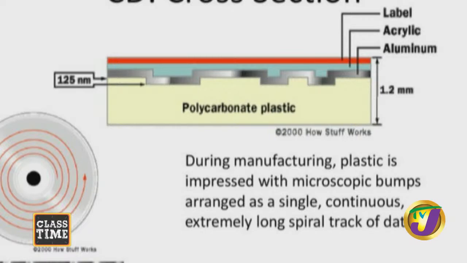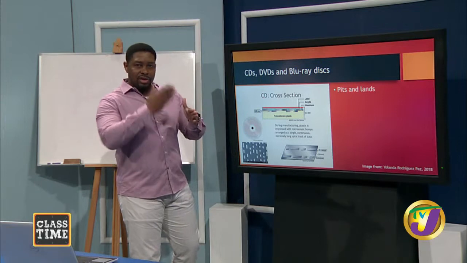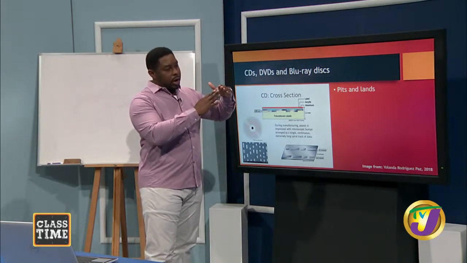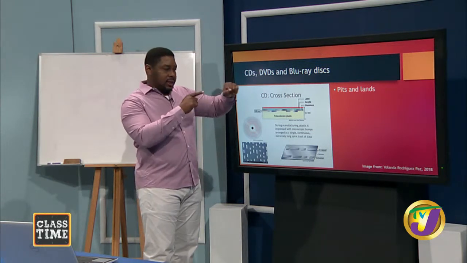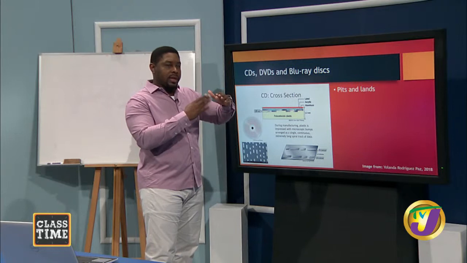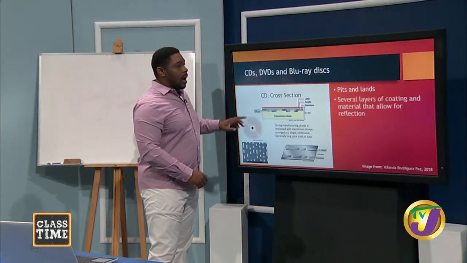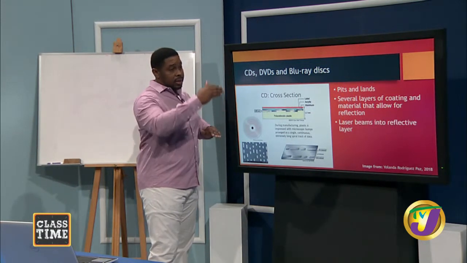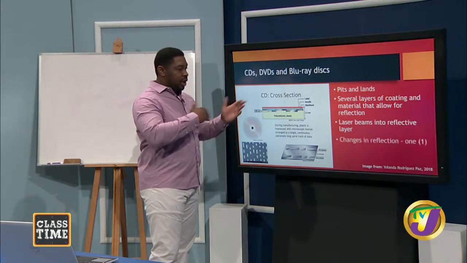If there isn't a change over time, then it's a 0. But as long as there's a change, then it's a 1. So if we're going across the disc and come upon a pit, that edge between the pit and the land is referred to as a 1. All right? So we have several layers of coating always, and then of course the measurement of the beam is what determines the change. All right.